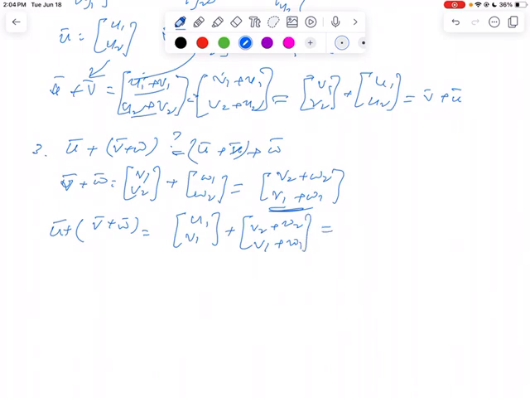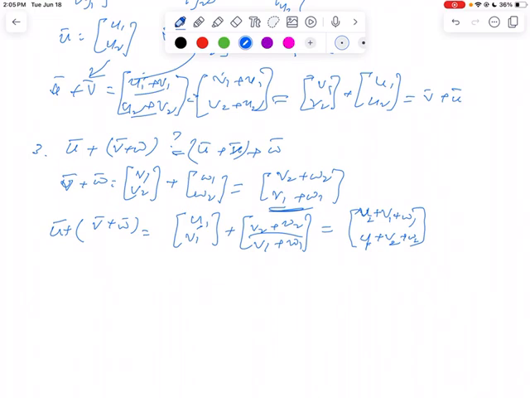The top sum, u1 plus v2 plus w2, is going to come in the second place, and the second sum will go in the first place, so we get u2 plus v1 plus w1. Okay, we'll leave it here and now we'll do the other part.